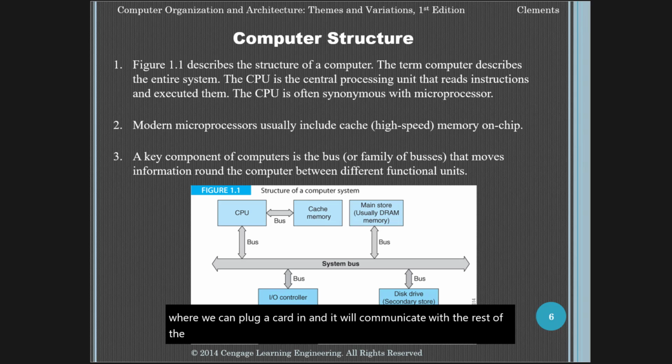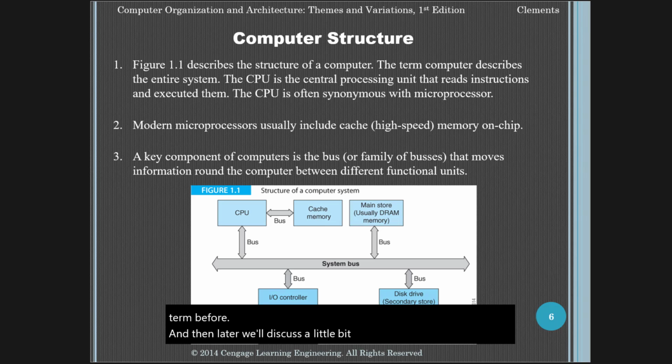Things like the PCI Express bus, maybe you've heard that term before. And then later we'll discuss a little bit about protocols. And protocols are basically the instructions to ensure that data flows from one point to another without colliding or attempting to go somewhere it shouldn't go.